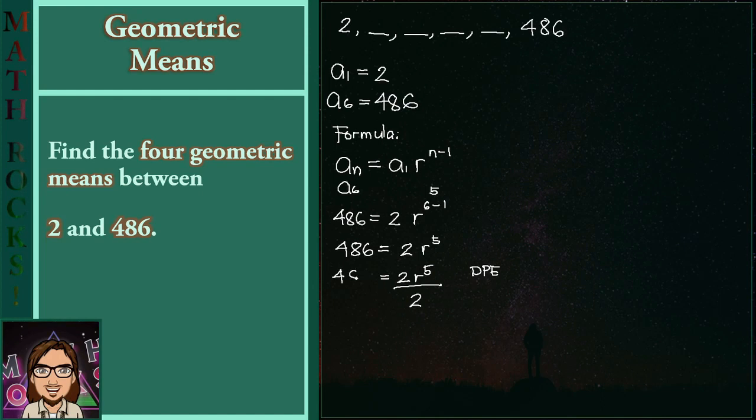And the division property tells us to do the same thing on the other side of the equal sign. Doing so, we have this be equal to 1, and we are only left with r raised to 5, while this one gives us 243.